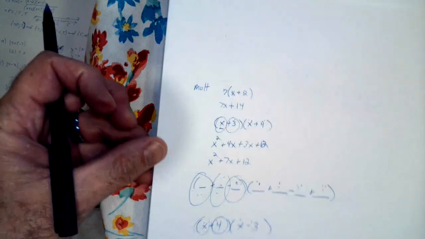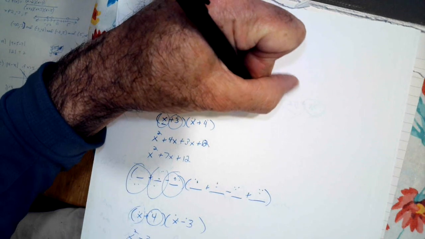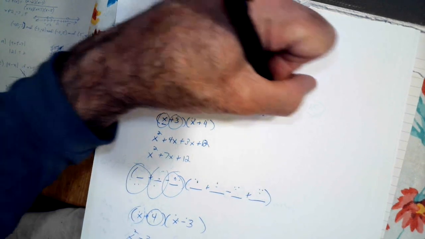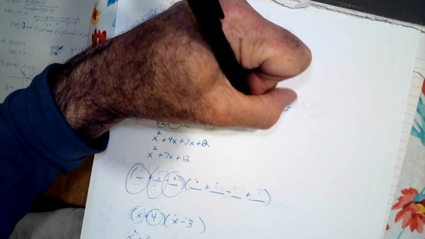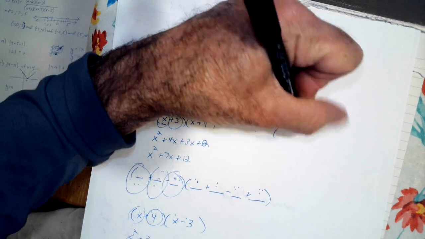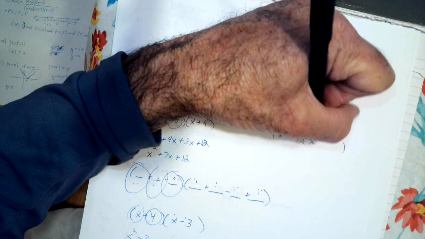That's how you would normally do it. Okay, the FOIL method is similar to that. I'll do that up here. And FOIL stands for first, outside, inside, and then last. FOIL. Okay, so if you have this, say the same problem, x plus 4 times x minus 3.